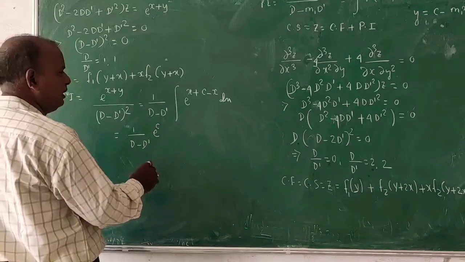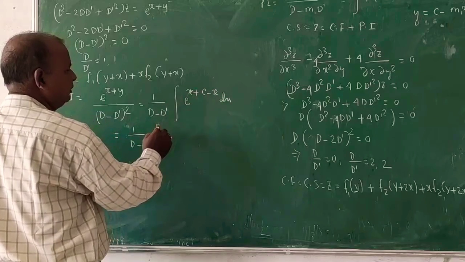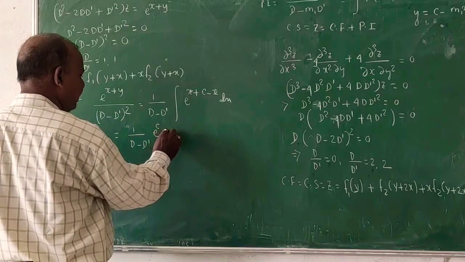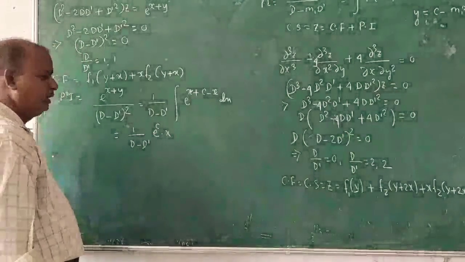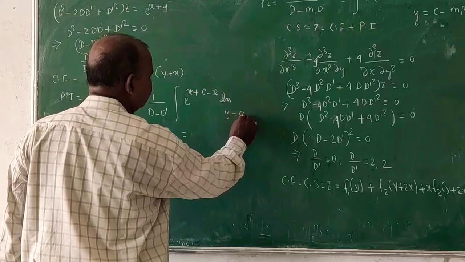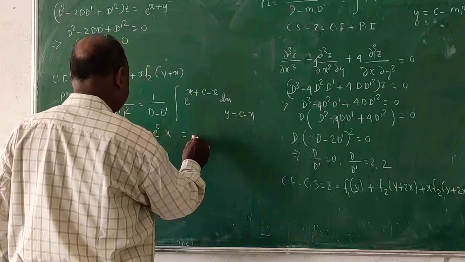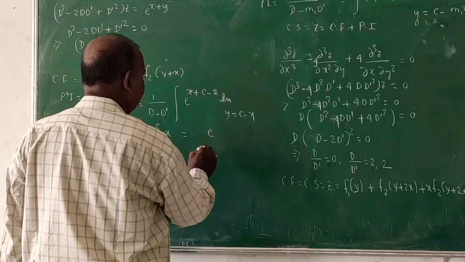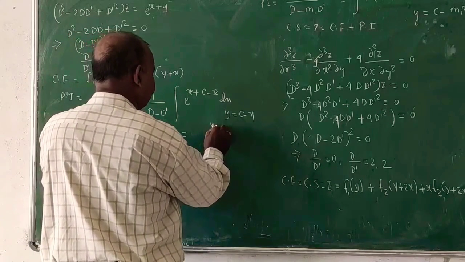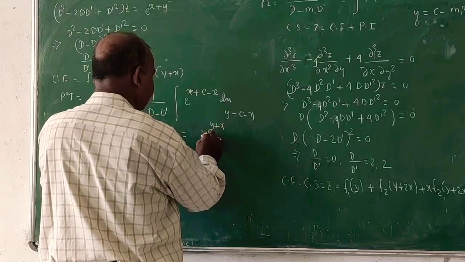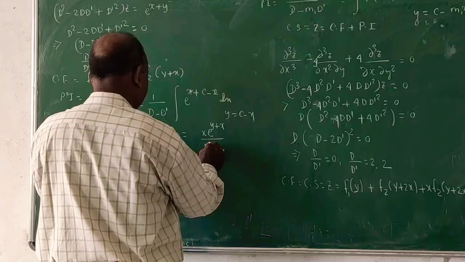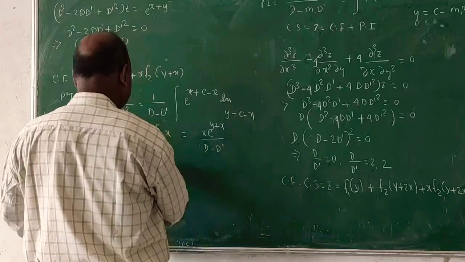E to the power c is a constant, you take it outside, this into x. Now instead of c, you have to substitute y plus x. So this becomes e to the power y plus x into x.